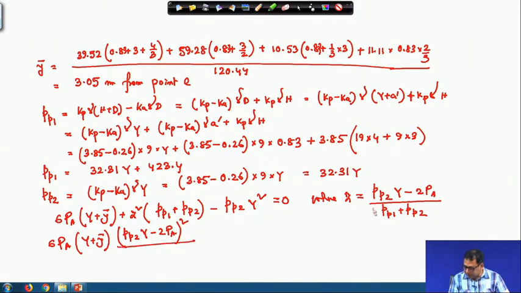And then this is also square, but there is another term PP1 PP2. So, one and one will cancel out. So, it will only be PP1 plus PP2. So, this is minus PP2 capital Y square is equal to 0.